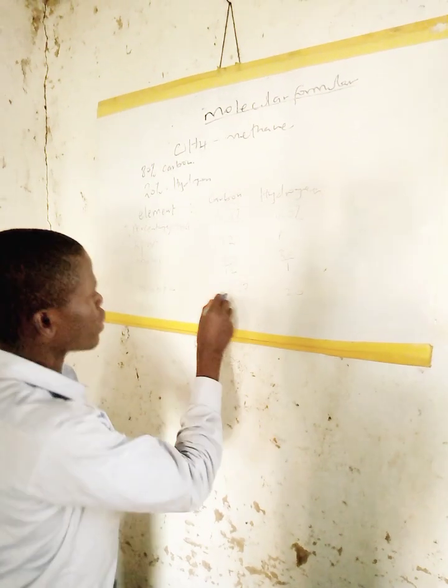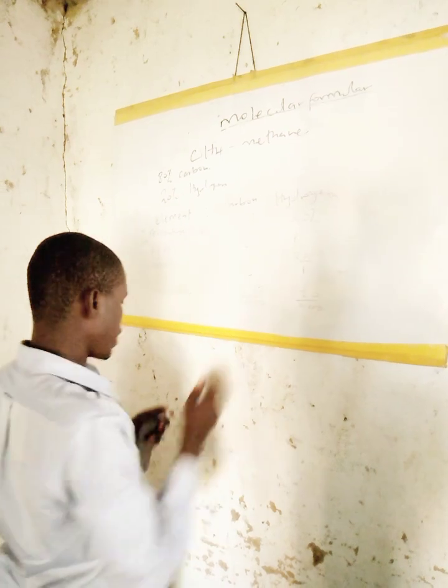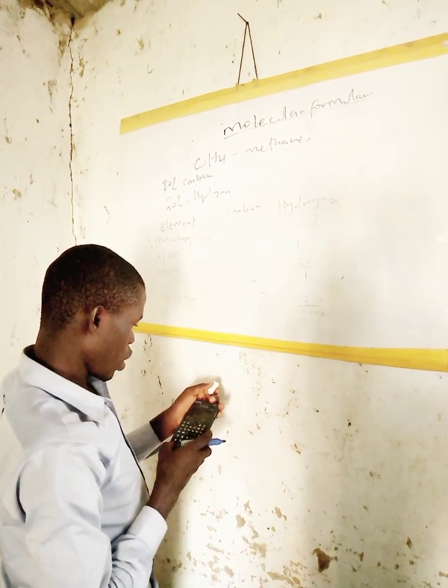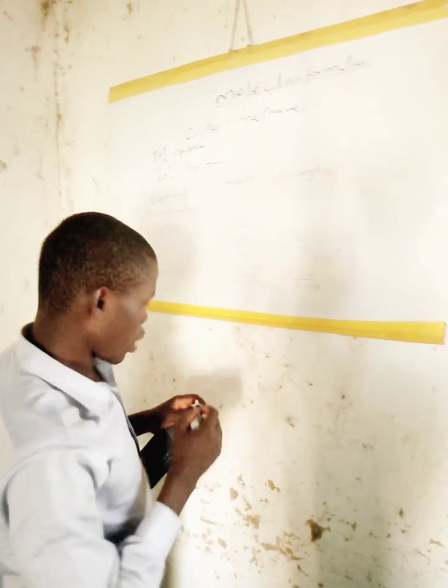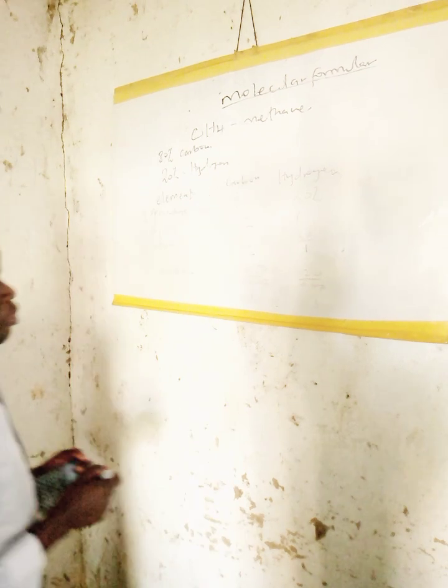So when you divide 6.67 by 6.67, you get 1. 20 divided by 6.67, you get 3. So that is what we call the mole ratio, divided by the lowest number possible.